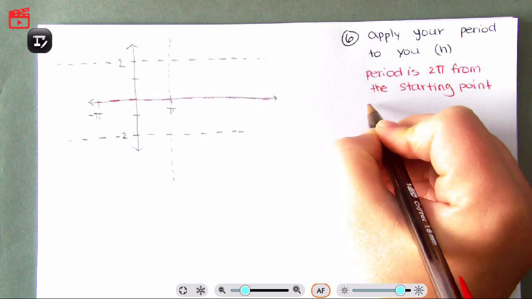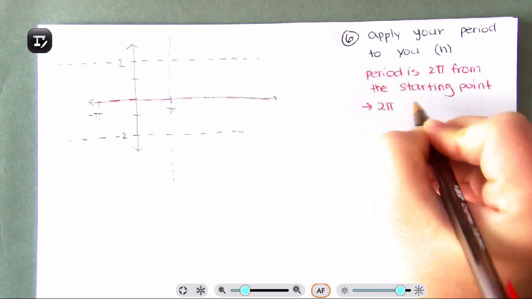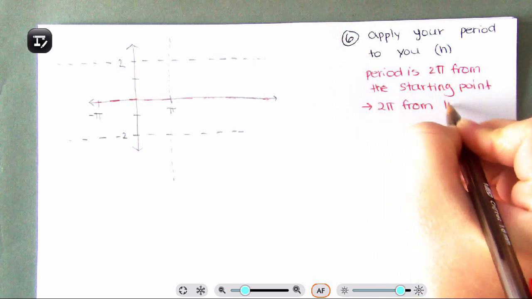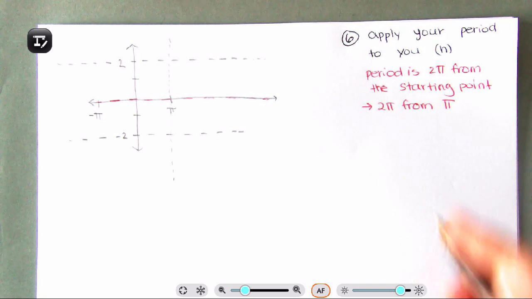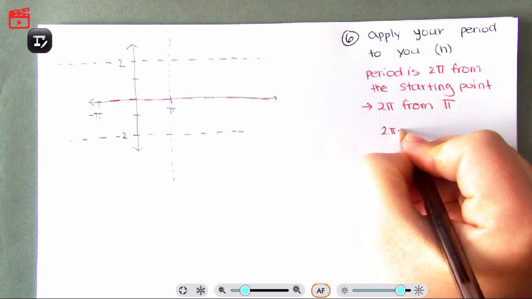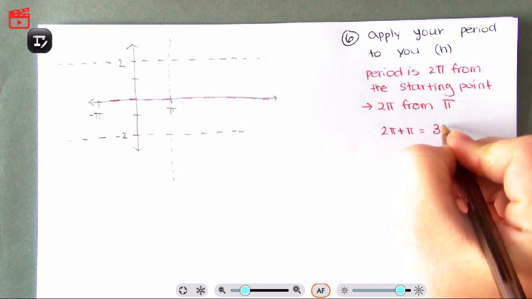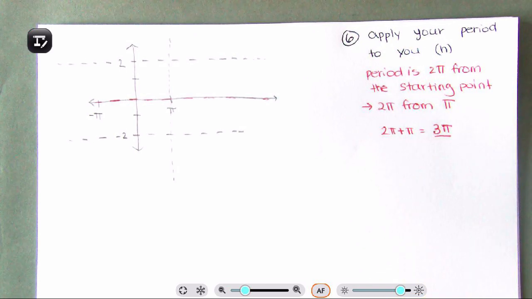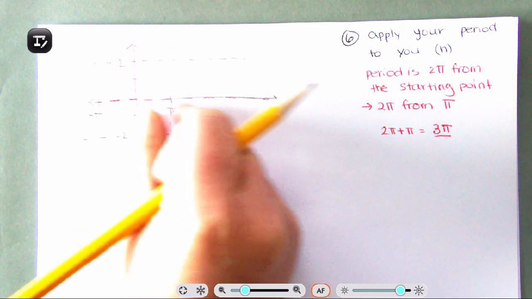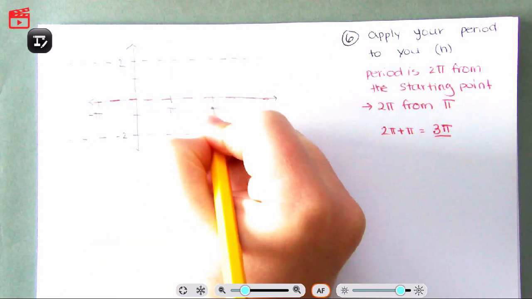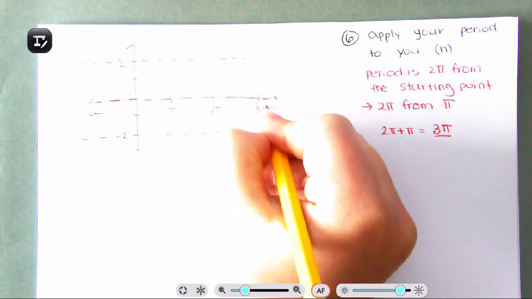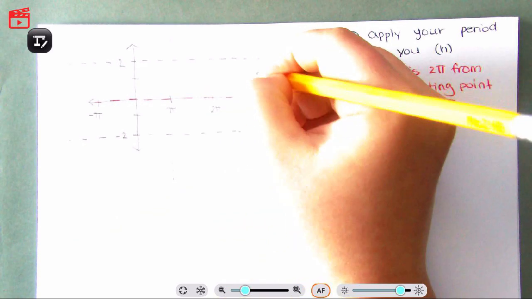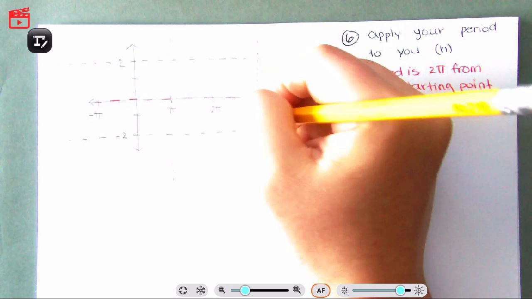So that means 2 pi from pi. So if I start at pi and then I go 2 pi from pi, where will I end up? So I'm just going to say 2 pi plus pi, and I'm going to end up at 3 pi. So if this is pi, I'm just going to give it a sketch. This is 2 pi. This is 3 pi. So I'm going to, again, box in where your ending is.